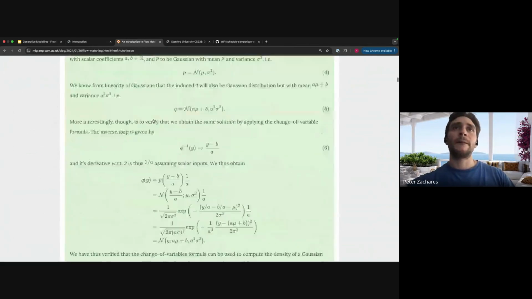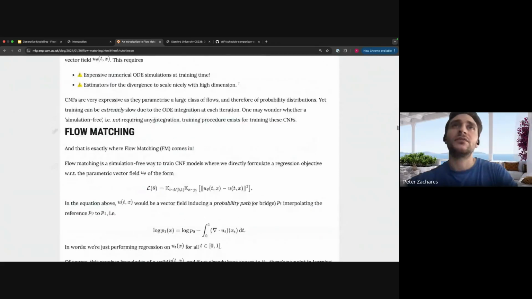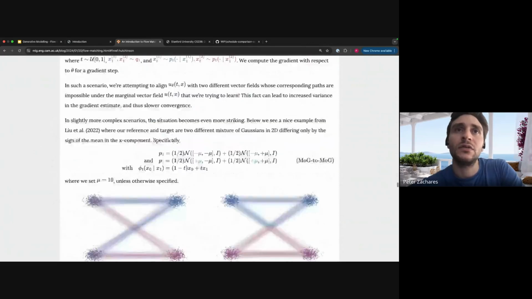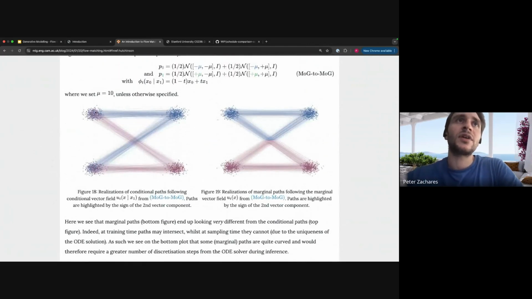There you go. Okay, so just to give an idea of what that looks like: over here you want to go from left to right. This is what it would look like during training, where you are constantly sampling a point from here to here, and you get a lot of these crossing paths.